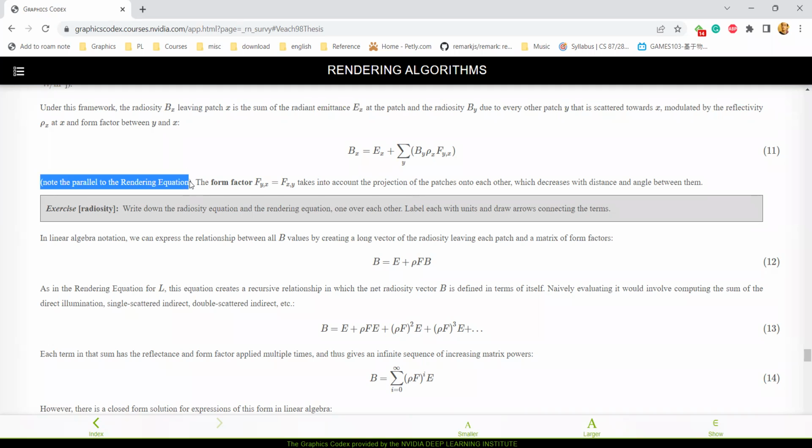The parallel to the rendering equation. The form factor takes into account the projection of the patches onto each other.